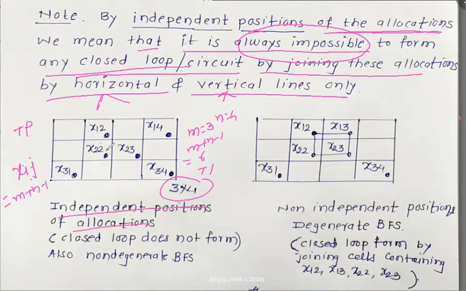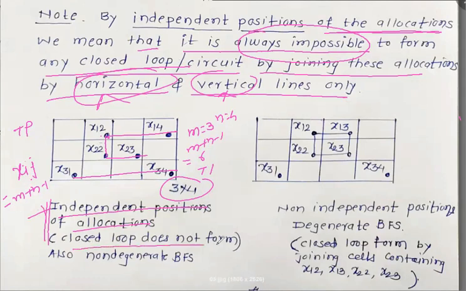Because if you try to join these positive allocations using horizontal and vertical lines, we do not get a closed loop or a circuit. So a circuit or loop does not form. Therefore we say that these positive allocations are at independent position.